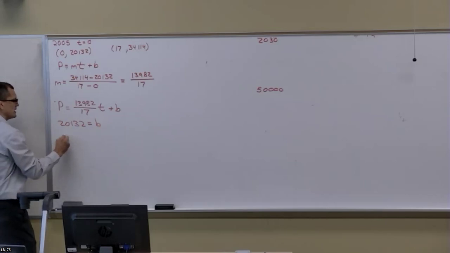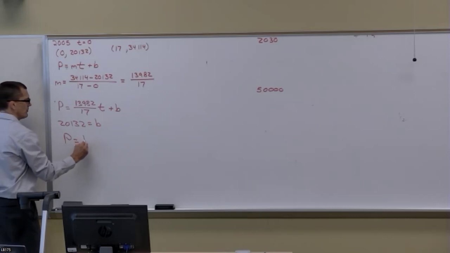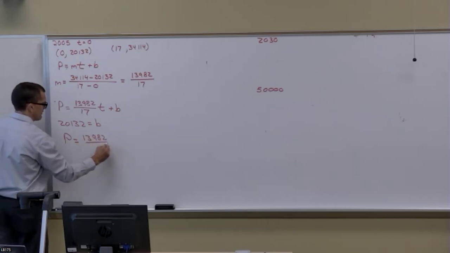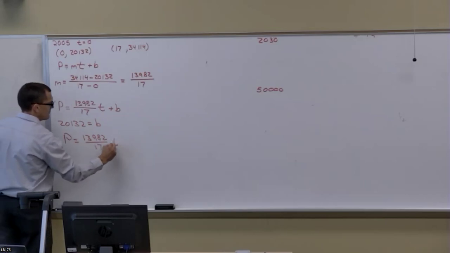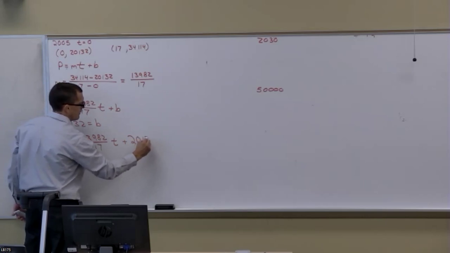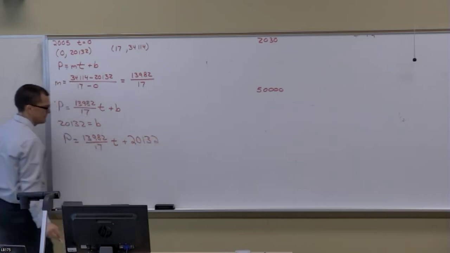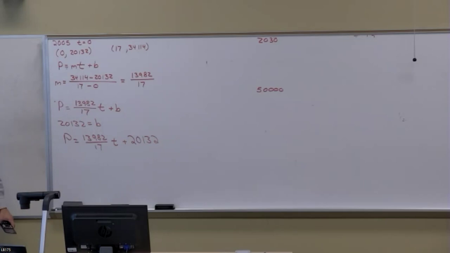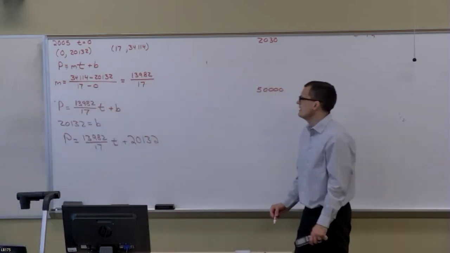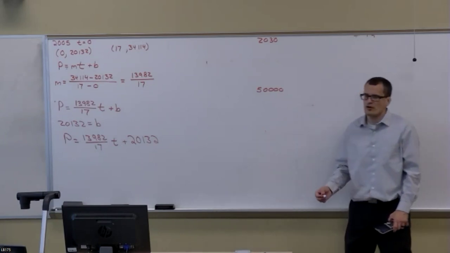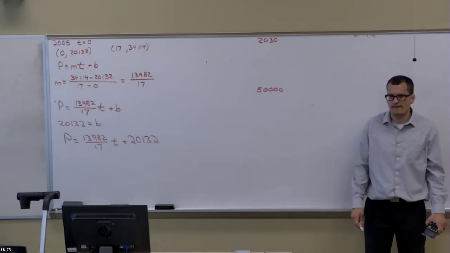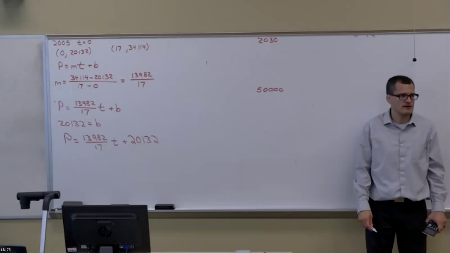So the equation is p is equal to 13,982 divided by 17 times t plus 20,132. Sometimes those slopes aren't nice, and that's the whole point of this one.